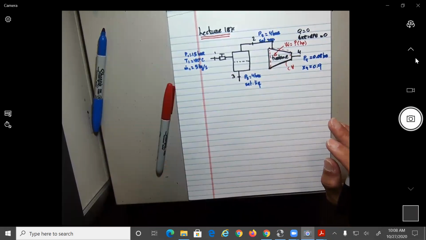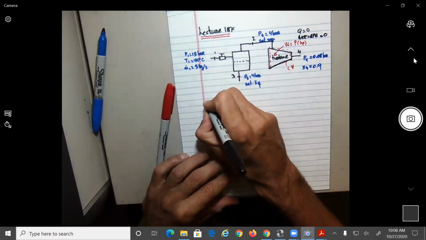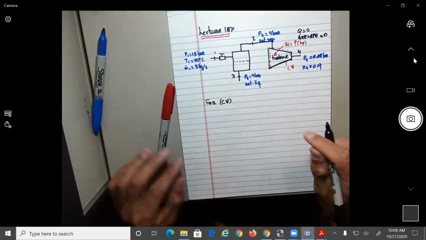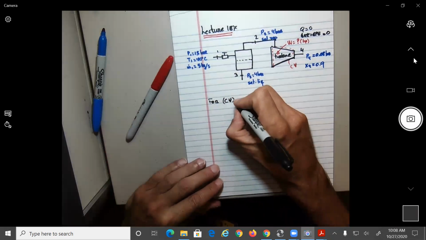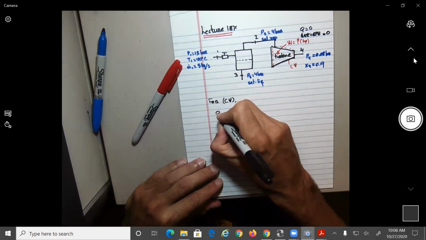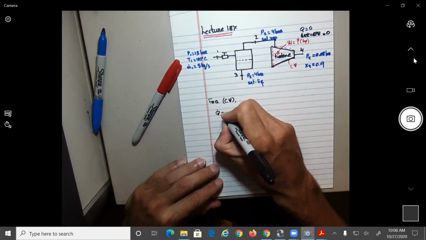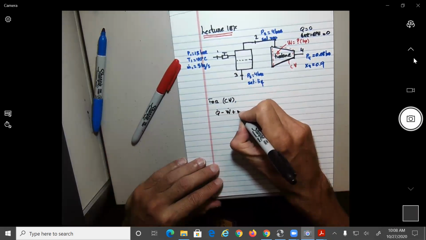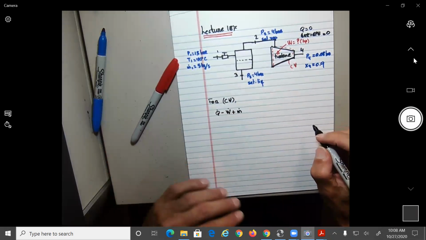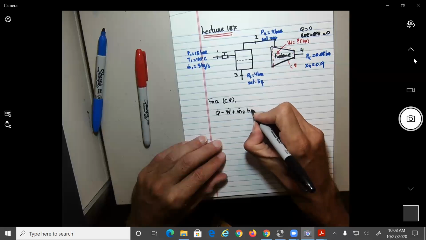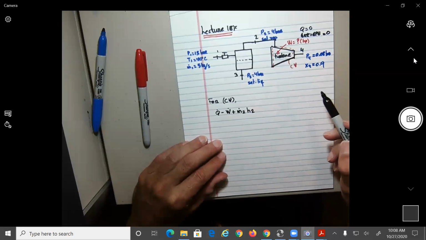Let me hide the mouse. Okay, so for this control volume, what do we have? The equation is Q dot minus W dot plus M2 H2 is coming in, correct?